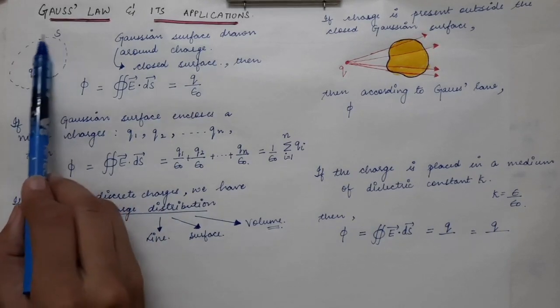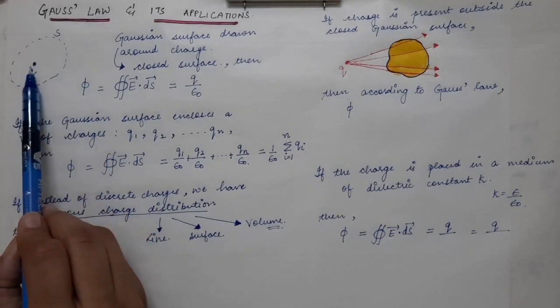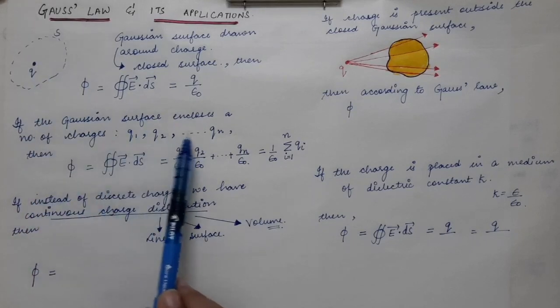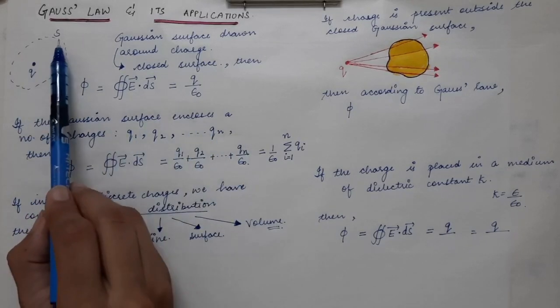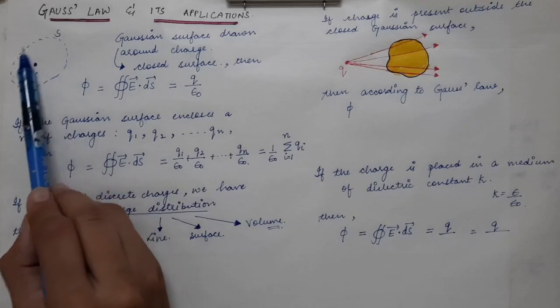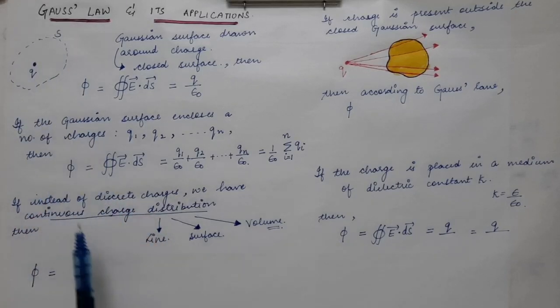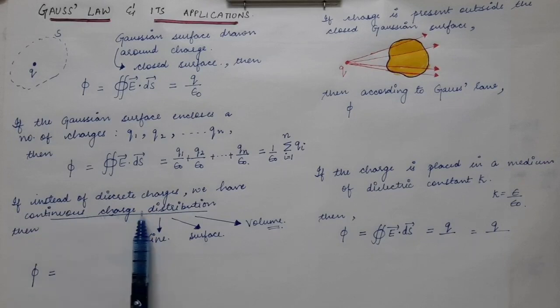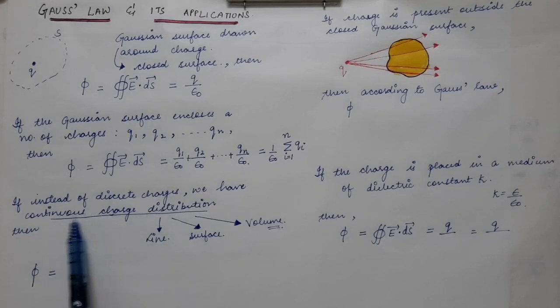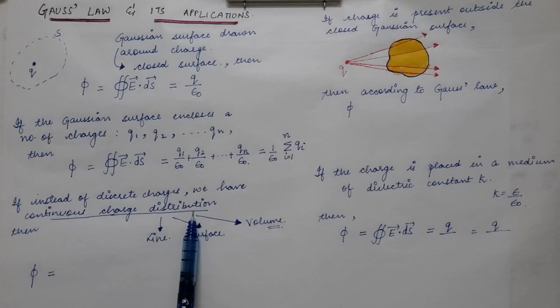Earlier we had drawn a Gaussian surface which enclosed the discrete charges q1, q2, q3 and so on. In this case also we will draw a Gaussian surface which will enclose the continuous charge distribution.